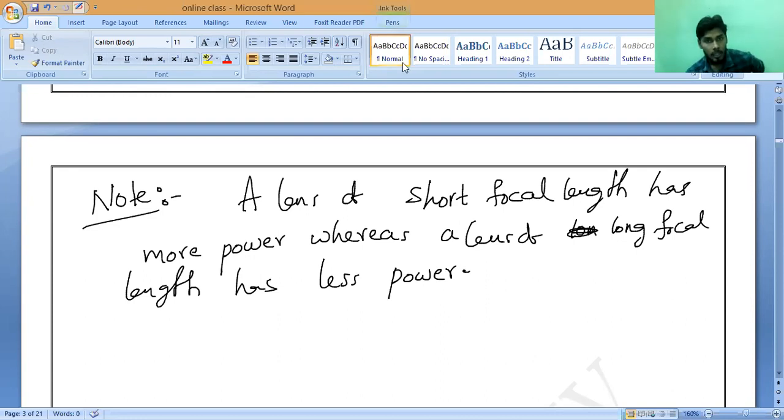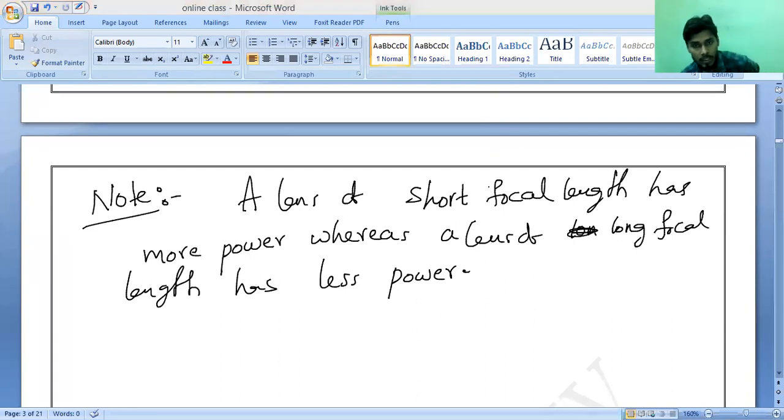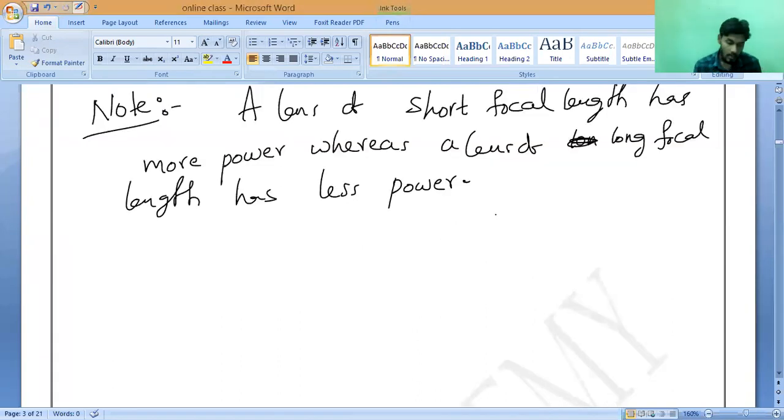Now, Dilipan, please tell me what is the unit of power? Power P is equal to 1 by F. The dioptre is equal to 1 by meter.